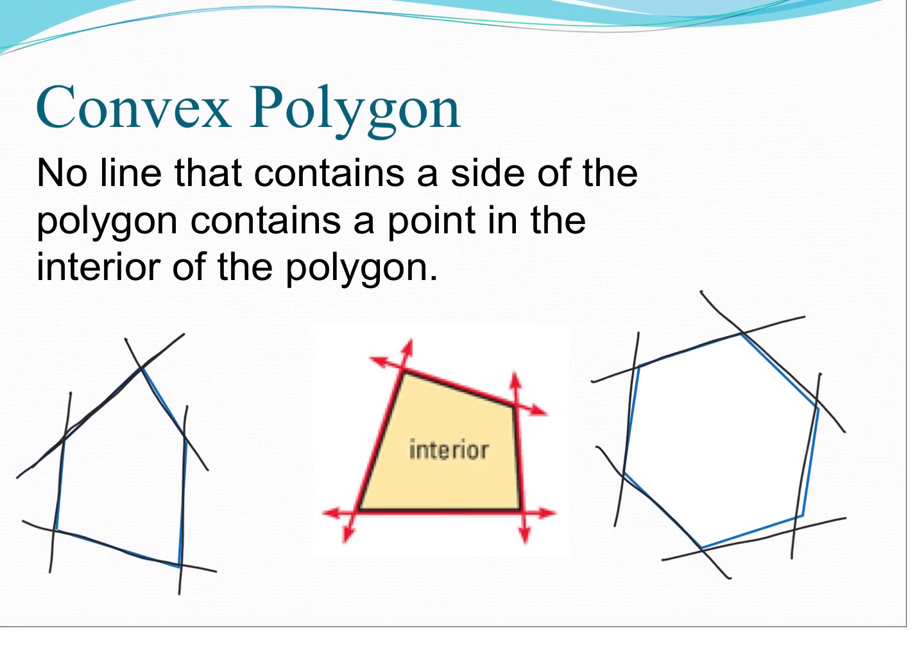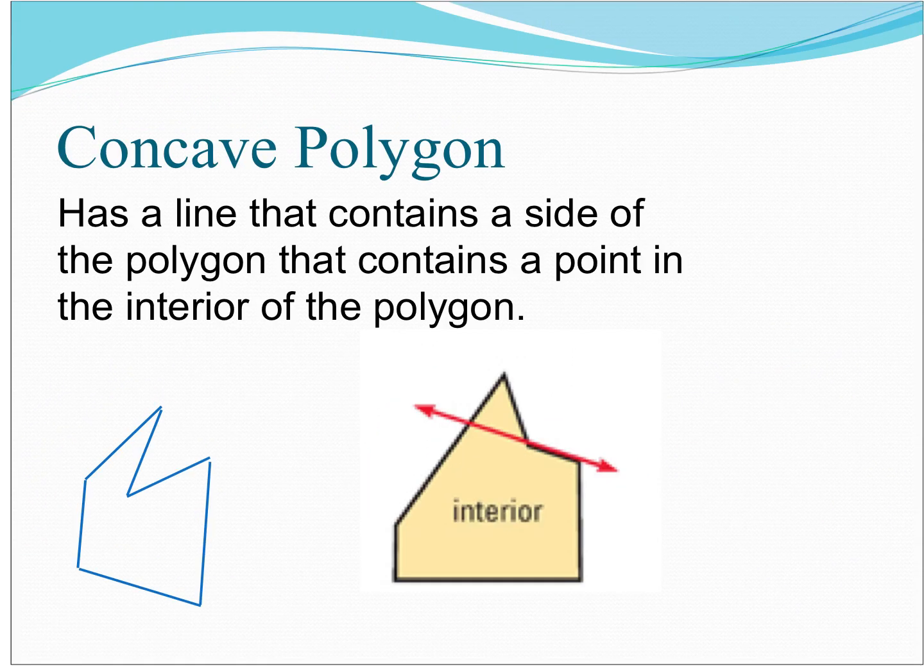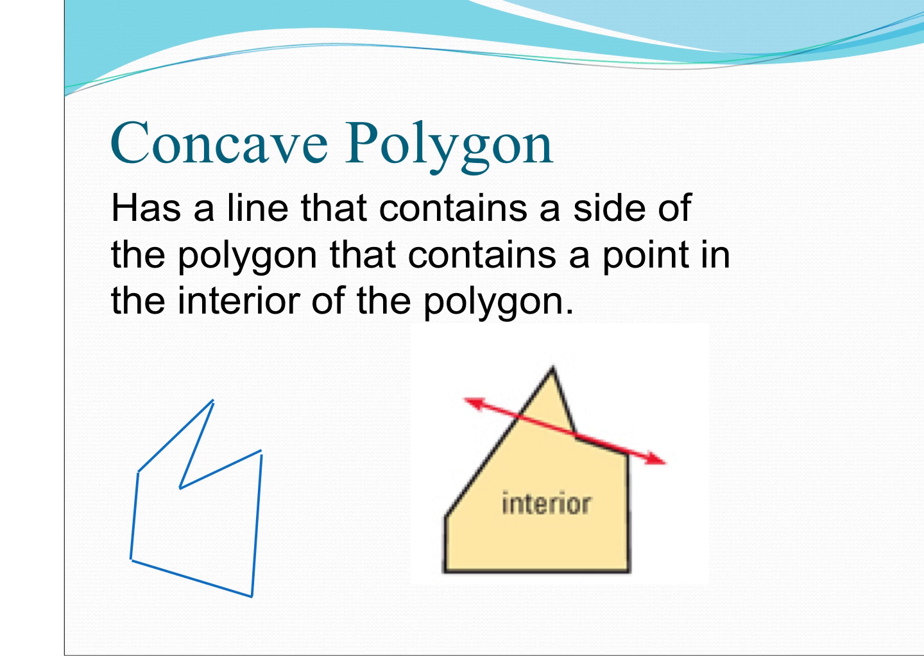Now, if I'm looking at concave, think about if you're in a tunnel, it's starting to cave in. That's what this one means. Concave means it's caving inside my polygon.